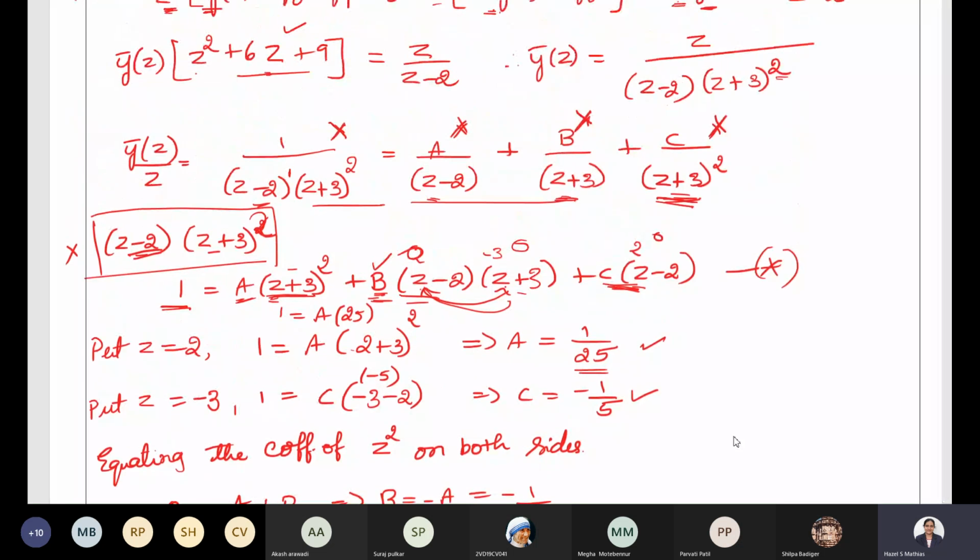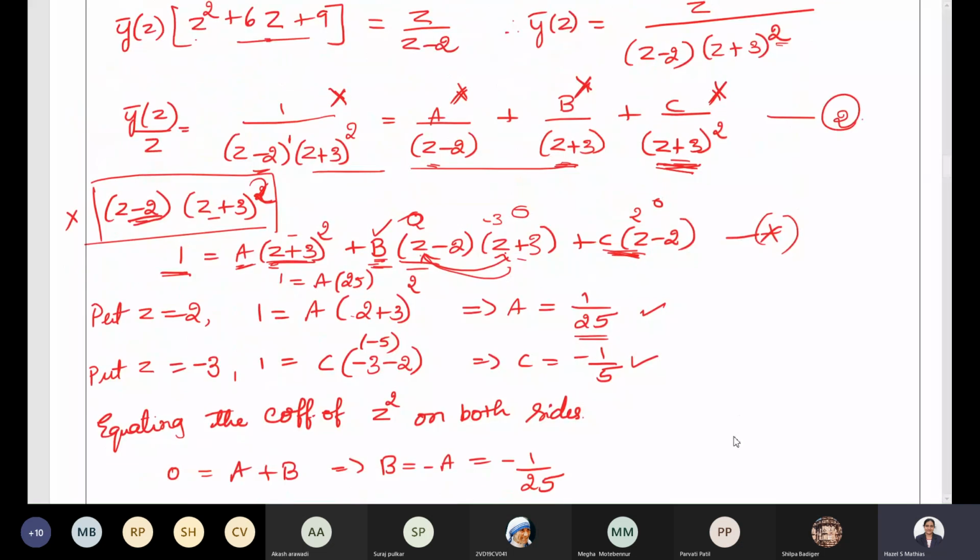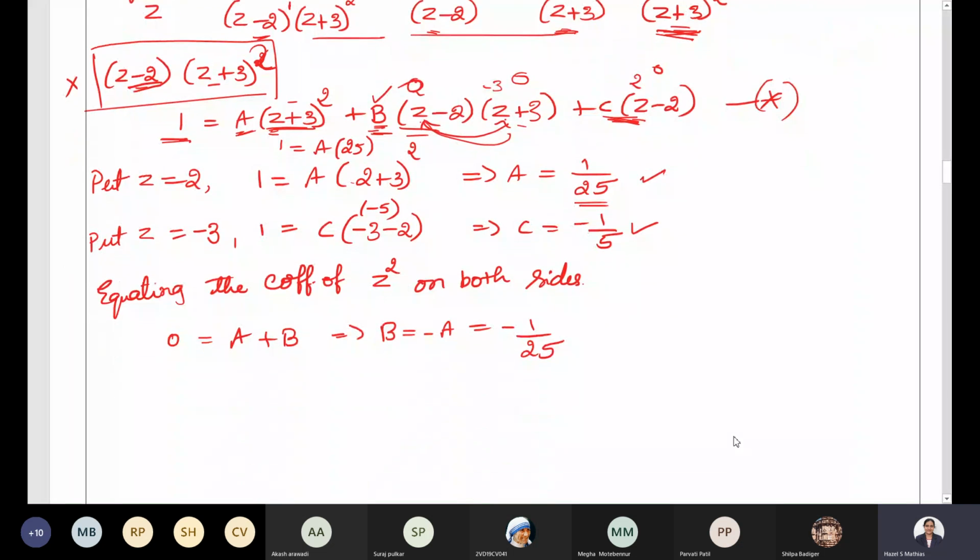Now substitute all these values of A, B, C over here in this equation. So what do we get? Y bar of Z divided by Z, that is equal to 1 divided by (Z minus 2) into (Z plus 3) the whole square, that is equal to A divided by Z minus 2.